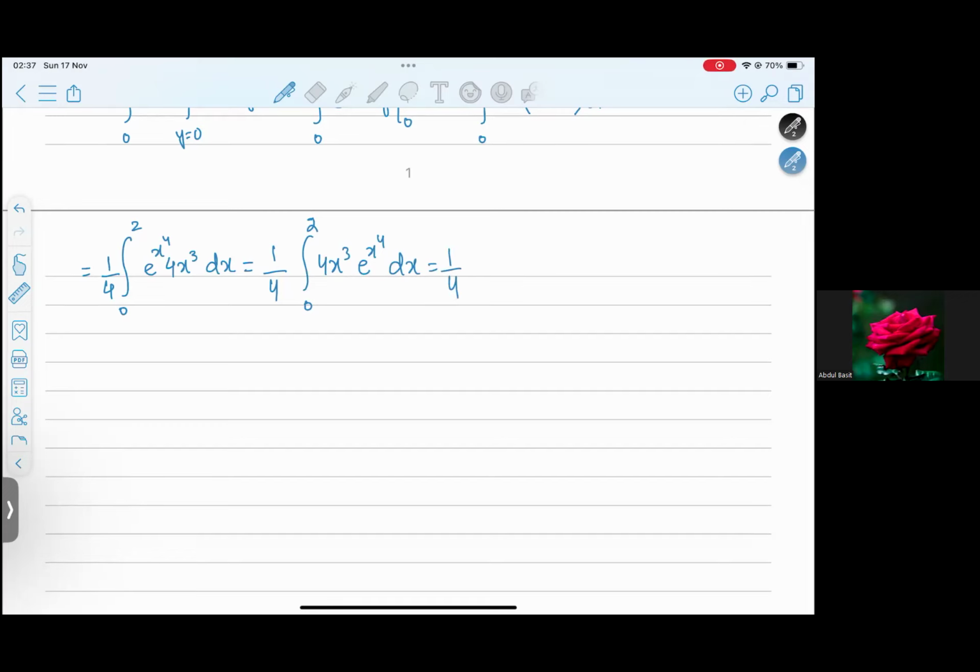Now I can just write it as e to the power x4 because its derivative is being multiplied with it, and I need to evaluate this at limits 0 till 2. 1 over 4 e to the power, if I plug in x is equal to 2, so 2 power 4 is 16, and if I plug in x is equal to 0, 0 power 4 is 0, and e power 0 is 1. I get e to the power 16 minus 1 divided by 4.